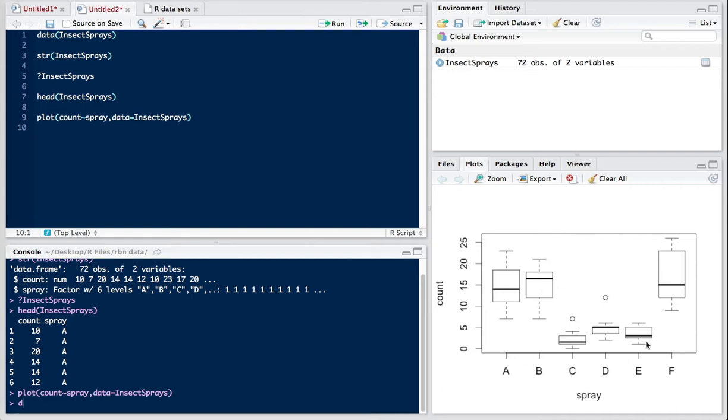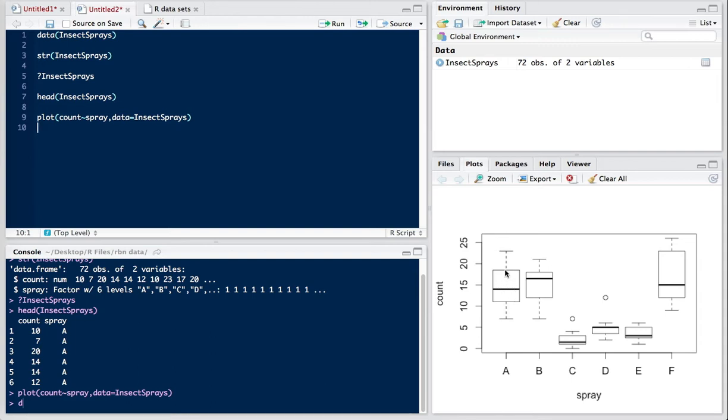Just to give you a little bit of background on a box plot, the strong line in the middle represents the median of the distribution. This upper part of the broad box represents the 75th percentile. This lower bound is the 25th percentile. So 50% of all of the values fall in this middle region here, the so-called interquartile range.